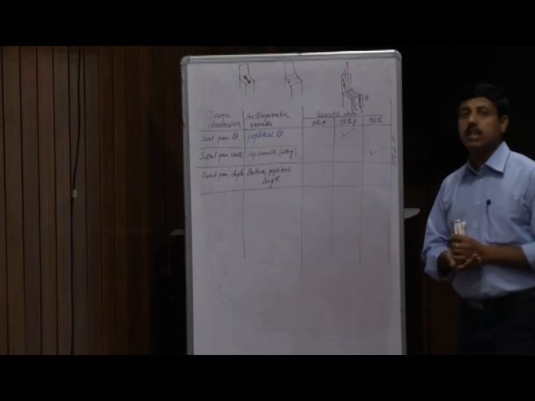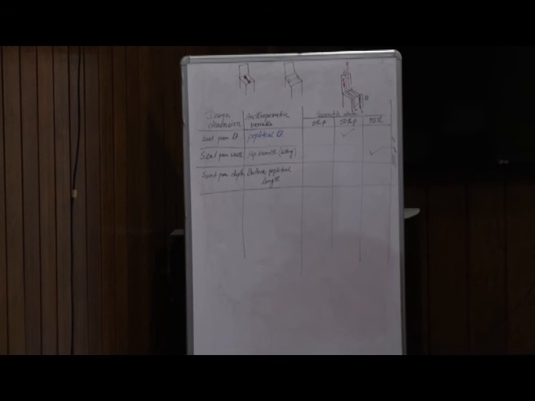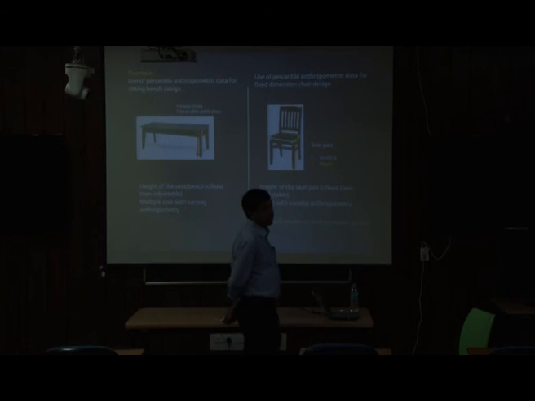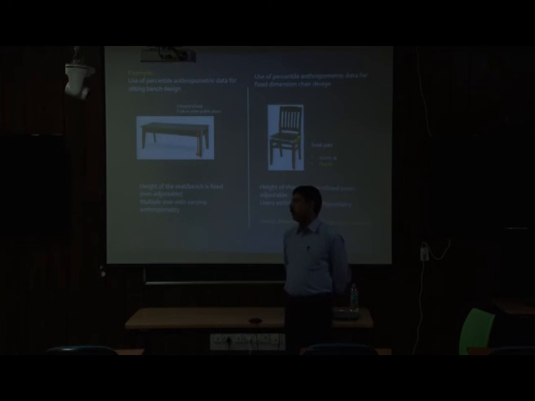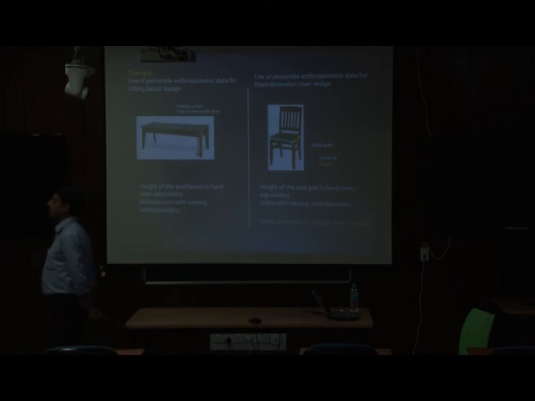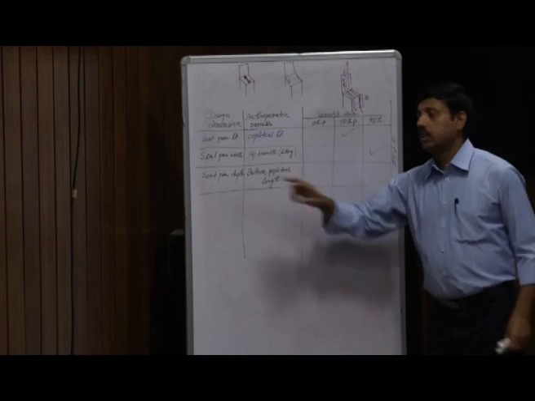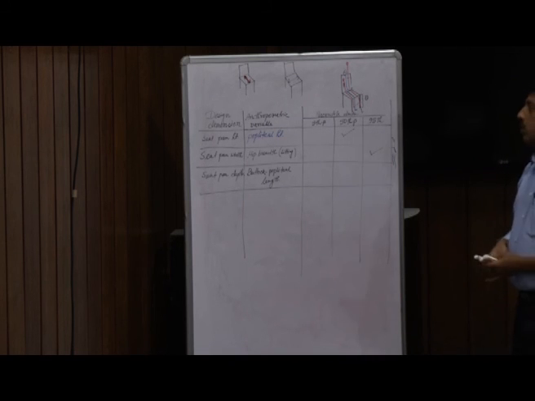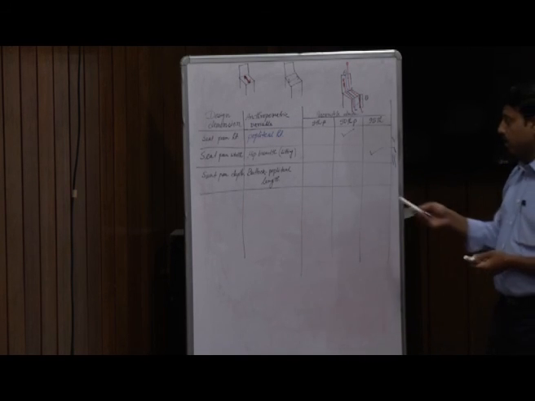Now, which percentile data will we use? There are only 3 options for us: 5th, 50th and 95th. Out of these 3 percentiles, which percentile buttock popliteal length value should we use for determining the seat pan depth? If we use 50th percentile, then what will happen?